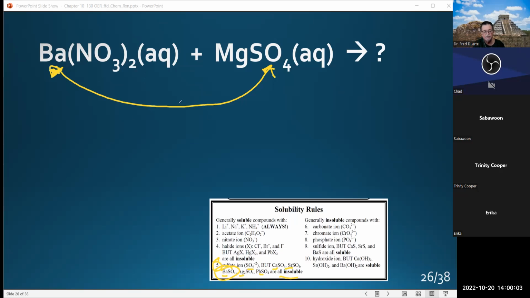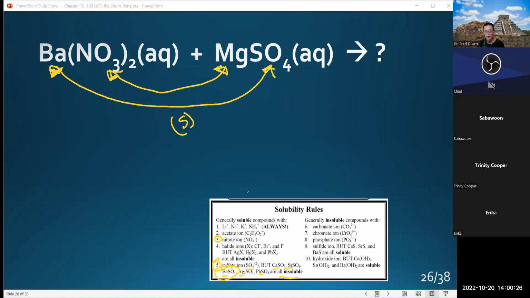If this was soluble, I would go to the next one and check its solubility, its next combination, that is magnesium nitrate. You can see the nitrates are number 3.